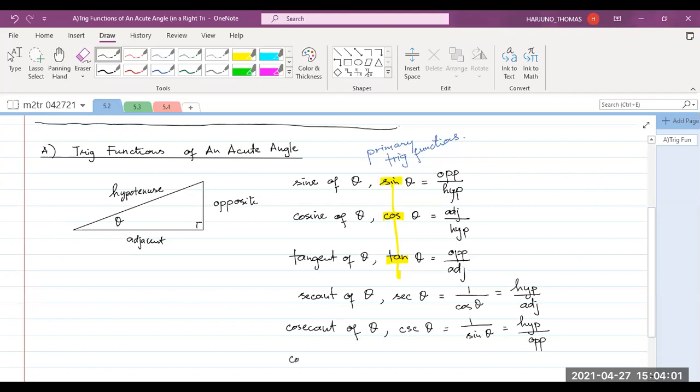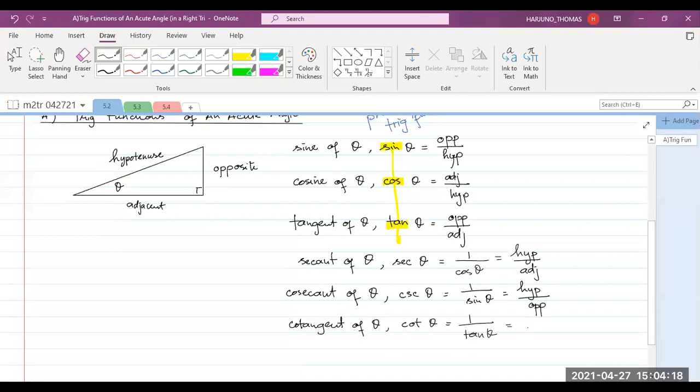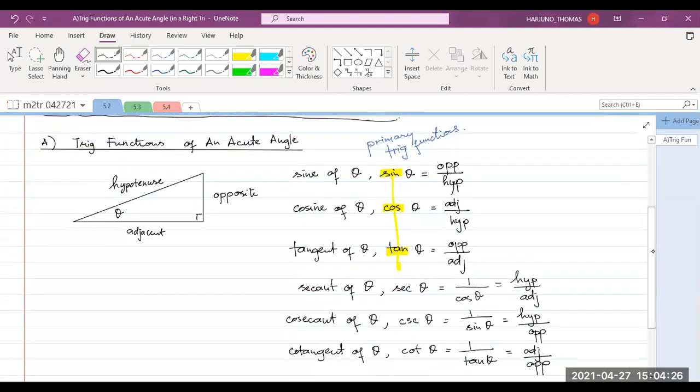Now, cotangent theta, denoted by cot theta, is the reciprocal of tangent theta. So that will be adjacent over opposite. Now you need to memorize these definitions. Okay.